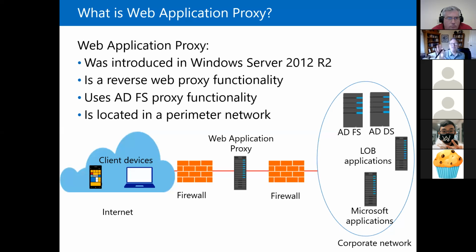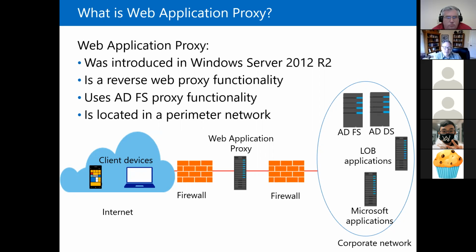You're not coming from the right and going out to the internet and pulling content back. It's people from the internet coming into your company to try and get resources or whatnot. And the proxy is actually a front end for those resources.